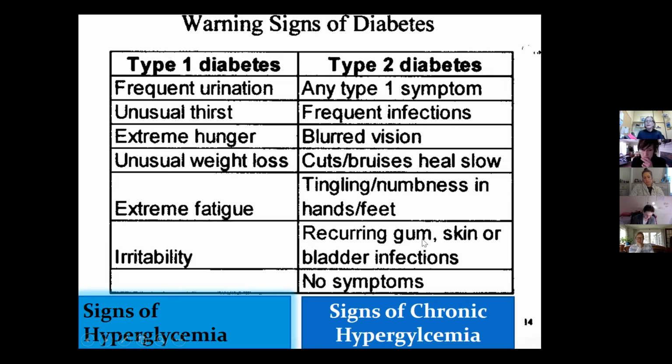The problem with that is that these symptoms tell us that damage has already been done. There are some estimations that type 2 diabetics typically have type 2 diabetes for 5 years or more before seeking medical treatment for one of these other problems. And so damage has already been done.